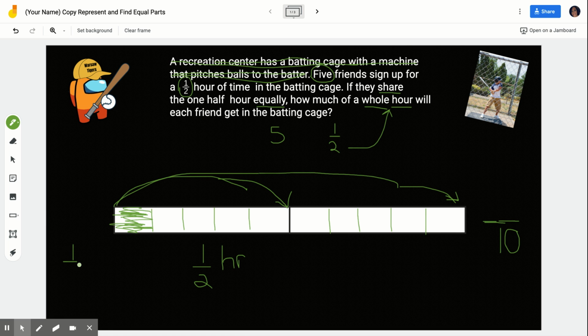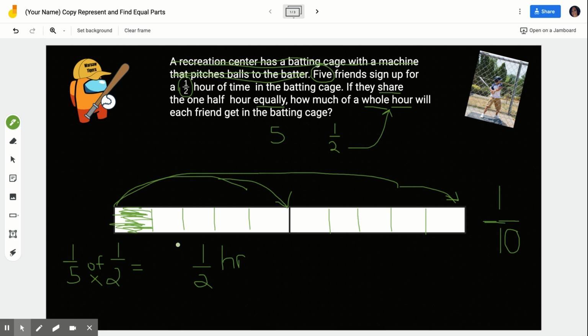Let me write that down, 1/5 of 1/2. We talked a lot about this last week. That word of will get replaced with that multiplication sign. So if we were solving it as a fraction model, we could count we've got one piece out of 10.